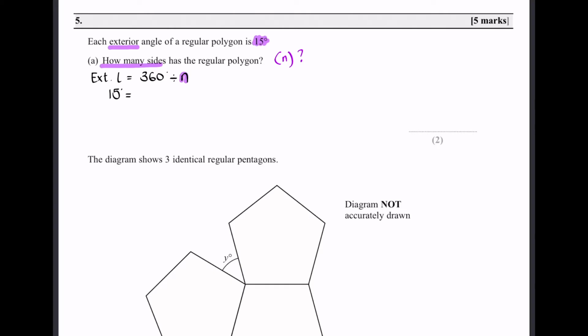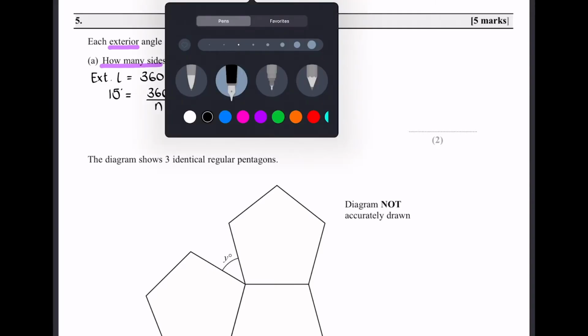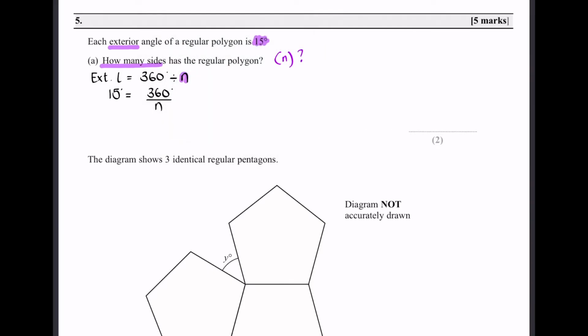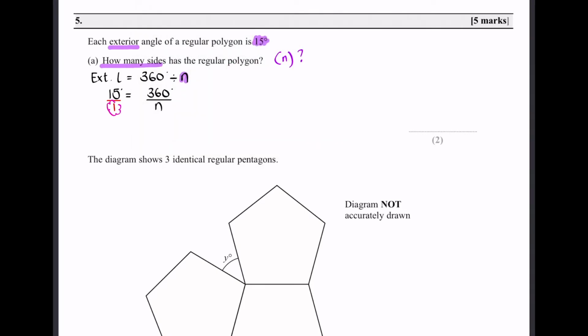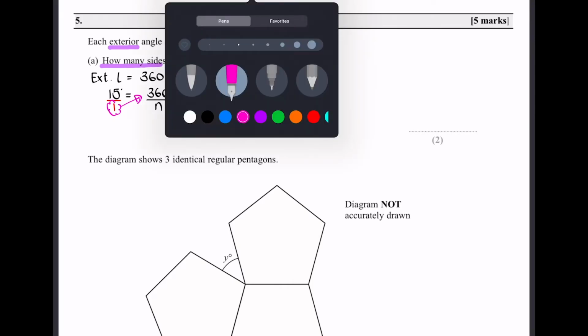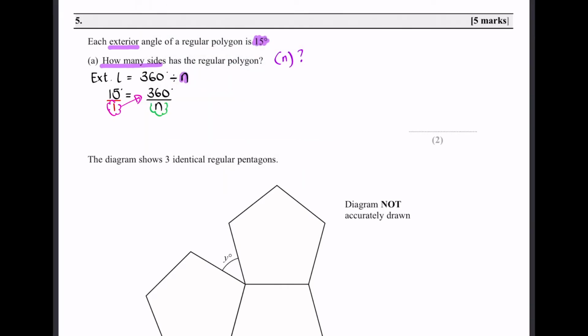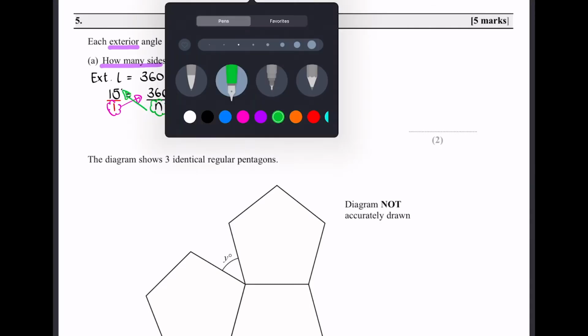And that is equal to, I'm going to put the 360 degrees over the n so that I'm able to multiply or solve. So I'm going to put the 15 over 1. So what I can do now is take this 1 from the bottom and multiply it with the 360 on the top. And I can take this n from the bottom and multiply it with the 15 at the top.